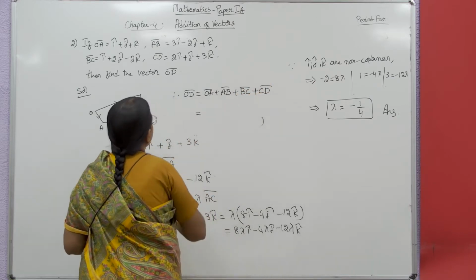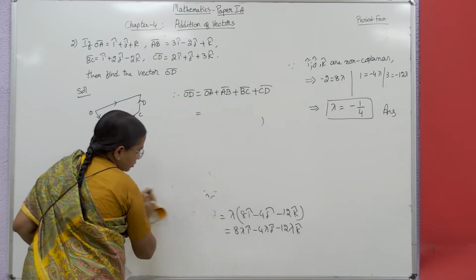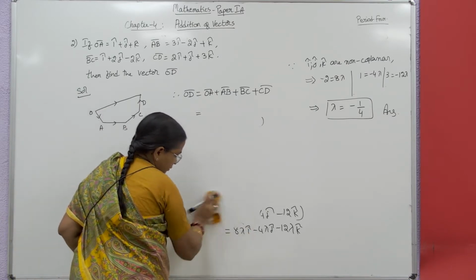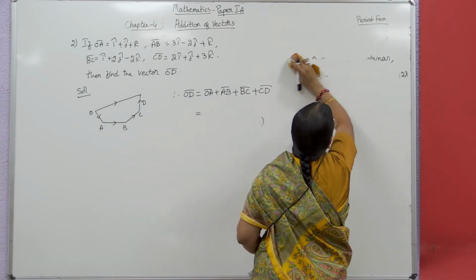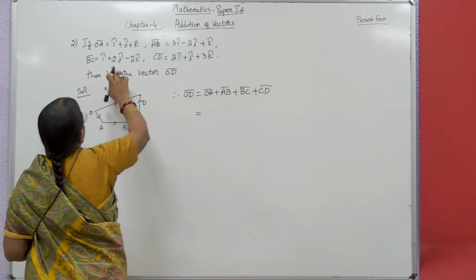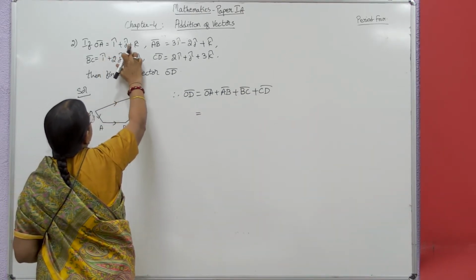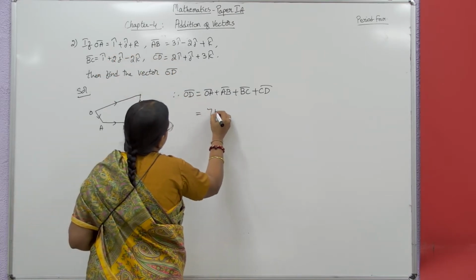So I can just add all the vectors and write the answer. That's all. It is very important for 2 marks. Even this problem is very important for 2 marks. So when you add all the items: 1 plus 3 plus 1 plus 2, that is 7i.